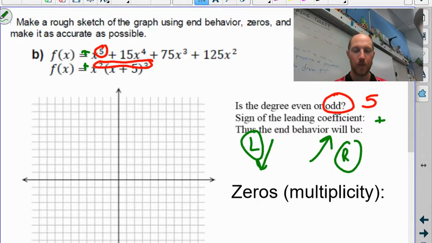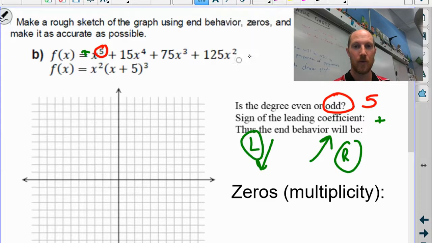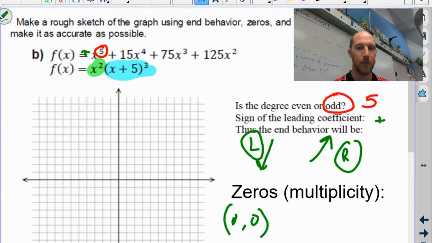All right, so I have some zeros. I have to erase that stuff. All right, so I've got two factors: the x squared factor and the parentheses over here in blue. Let's do the green one first. So I'm just going to be at 0, 0.